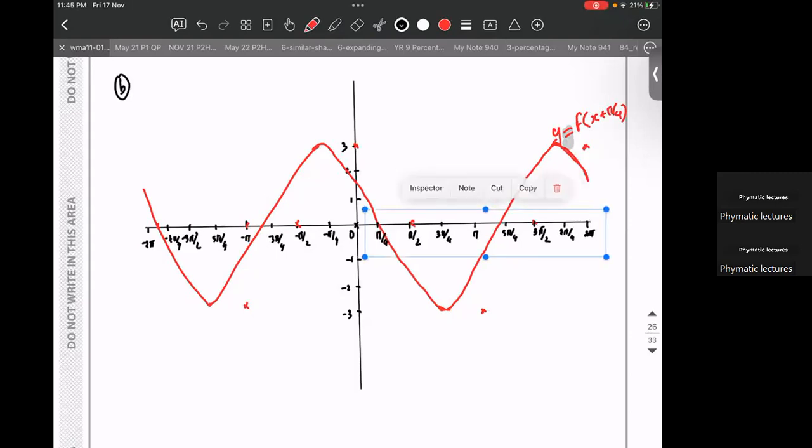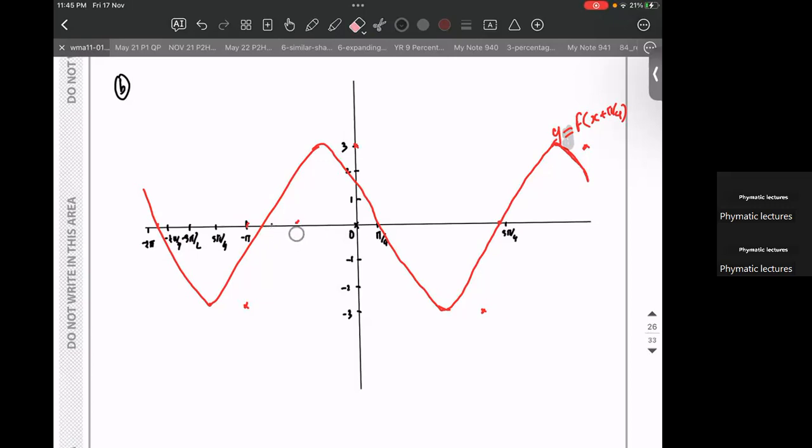This intersecting point, this point is 5 pi by 4. We are only interested to show the intersecting points. So first is pi by 4. The next is 5 pi by 4.